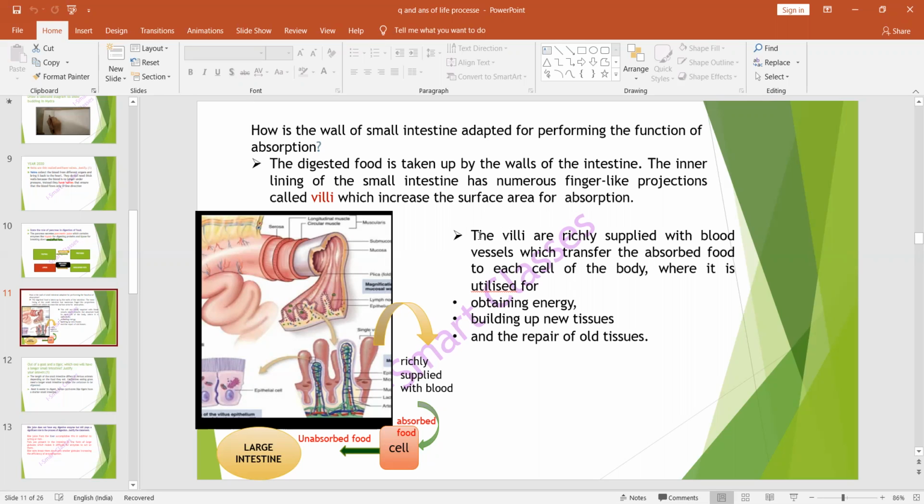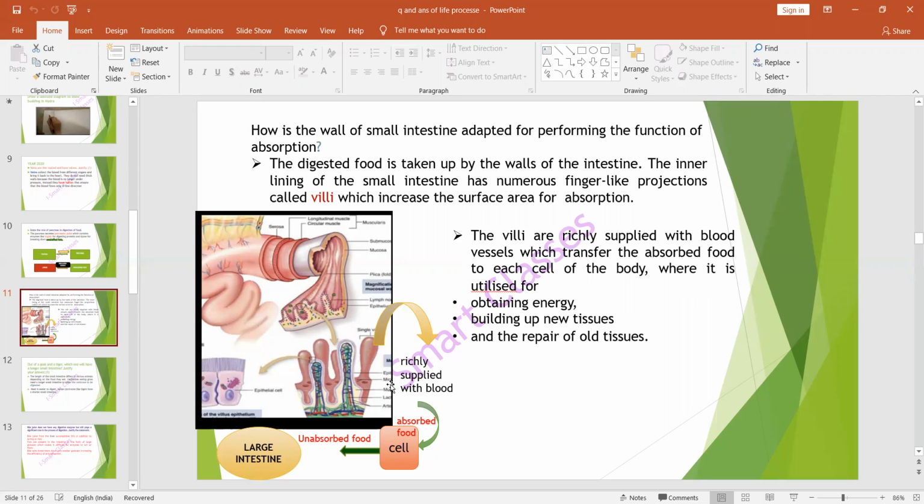Now the third point is the villi are richly supplied with blood vessels. Now you have to write what the villi contain. It contains richly supplied blood vessels, which transfer the absorbed food to each cell. The function of these blood vessels is to transfer the absorbed food to each cell of the body where it is utilized for obtaining energy, building up of new tissues, and repair of old tissues.